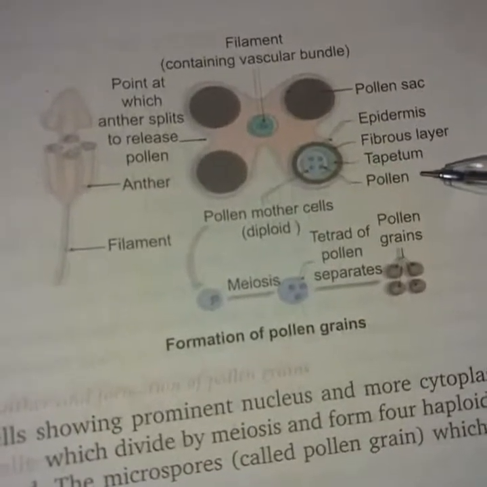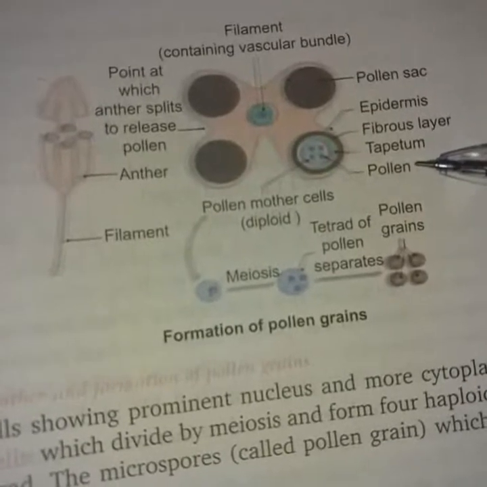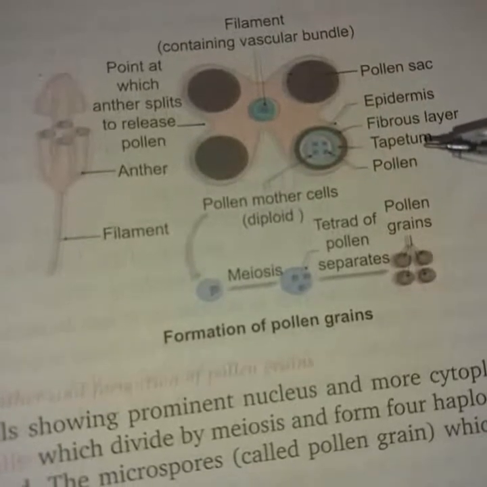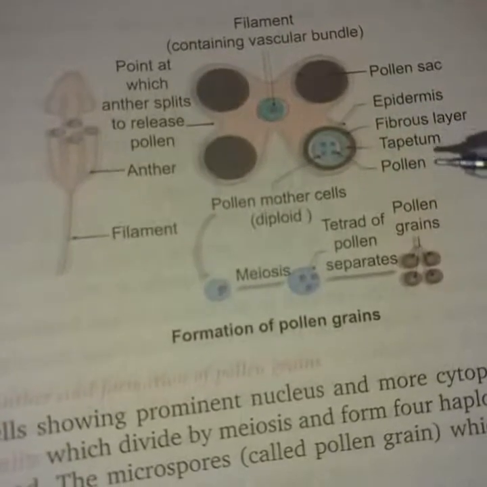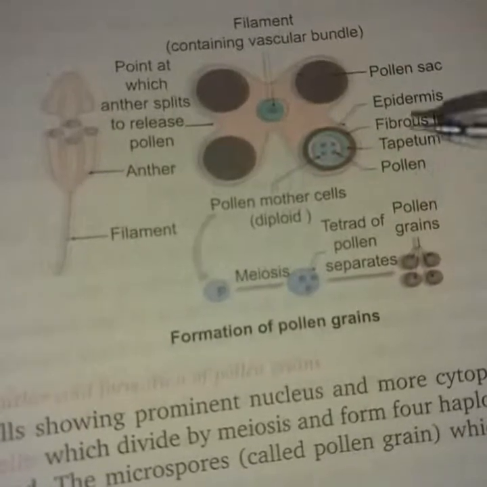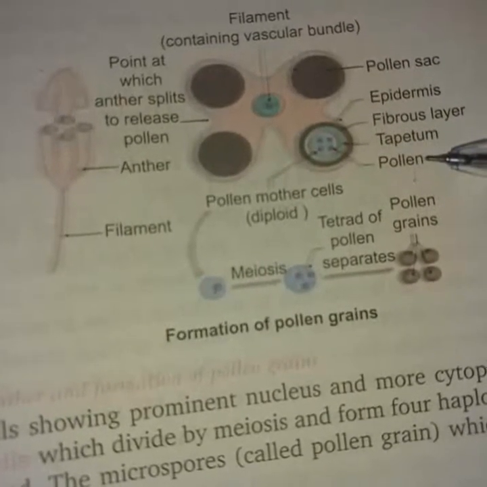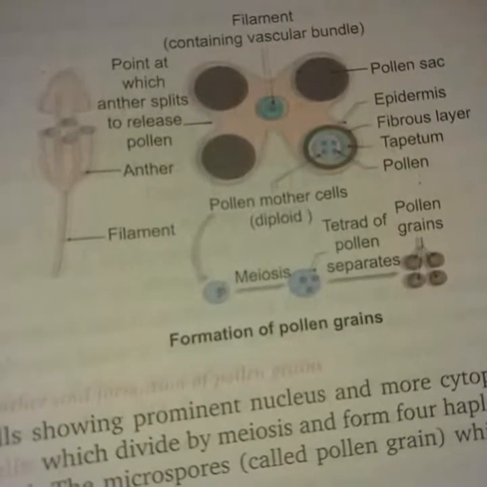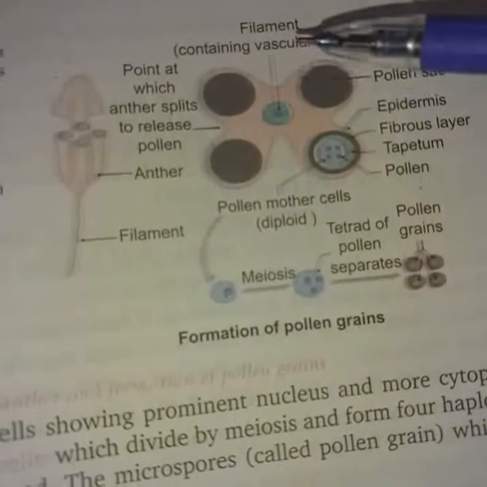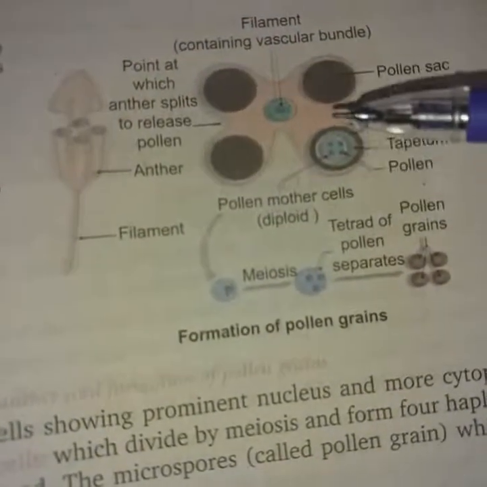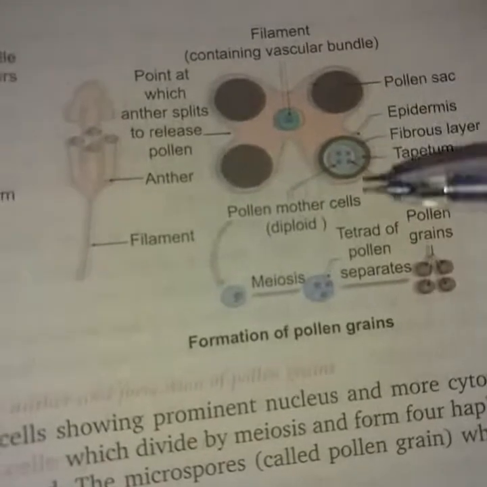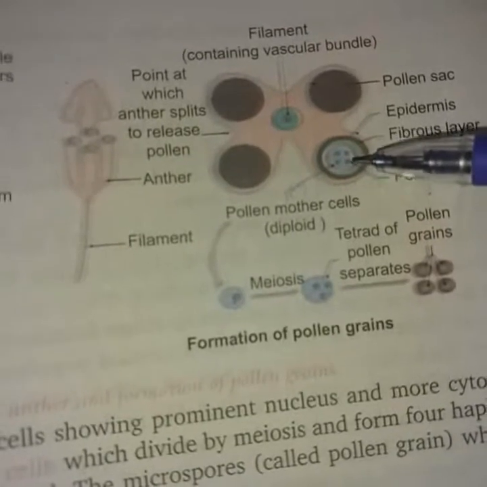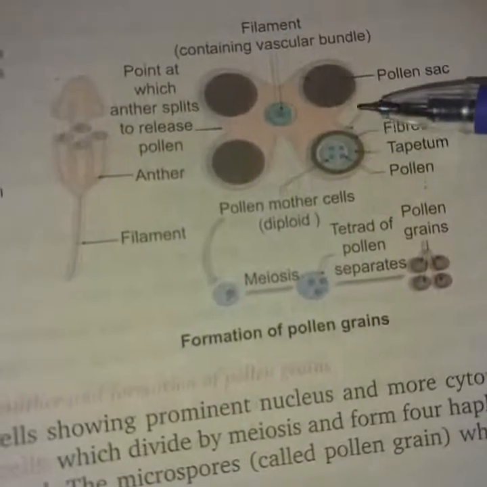These pollen grains come from pollen mother cells. But pollen mother cells are diploid and pollen grains are haploid. One pollen grain is a minor structure, and many pollen grains are contained in one pollen sac.